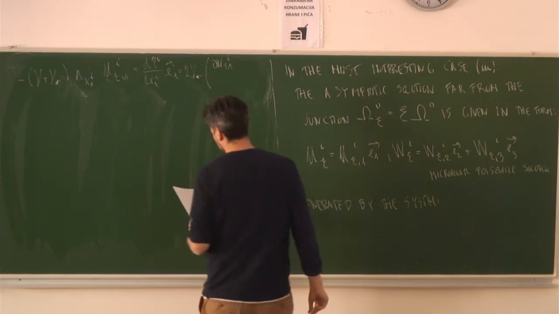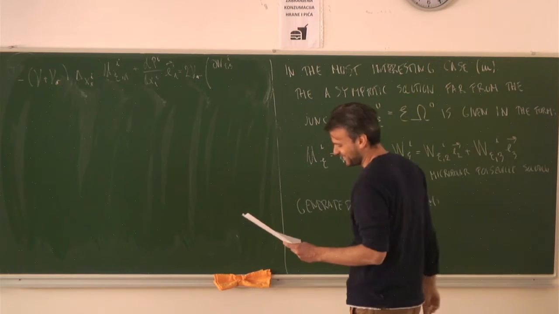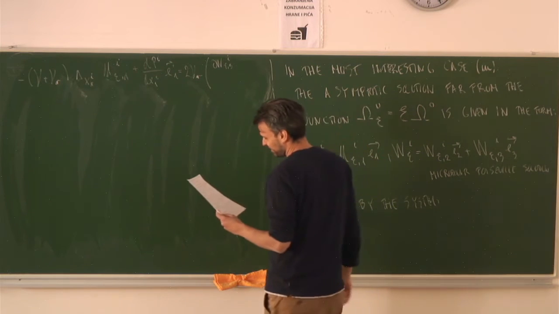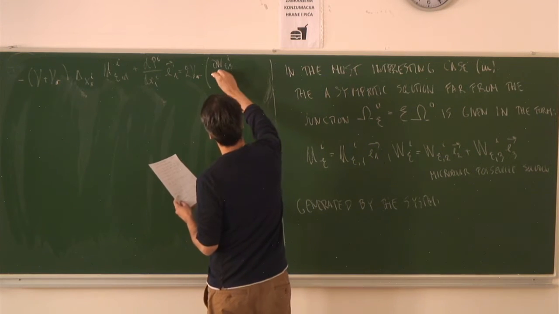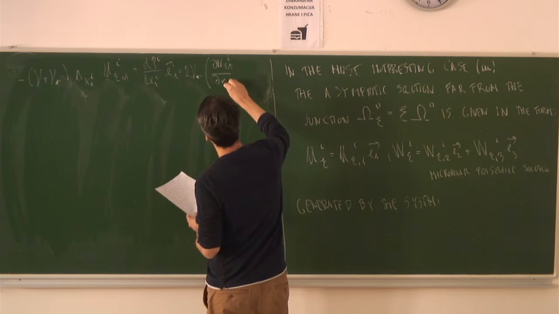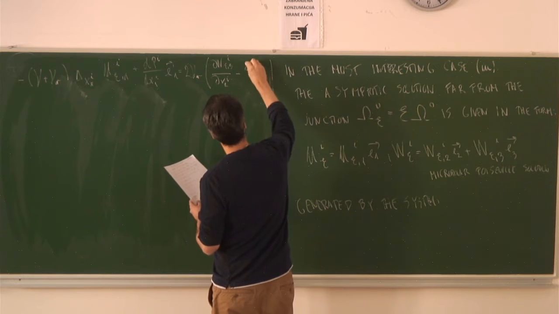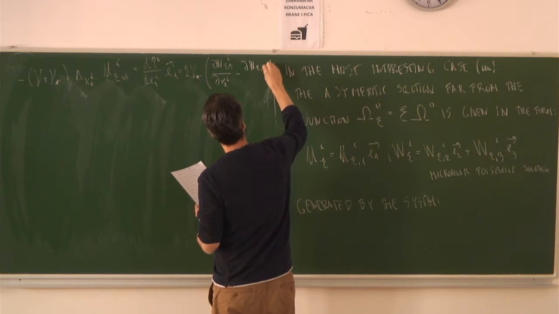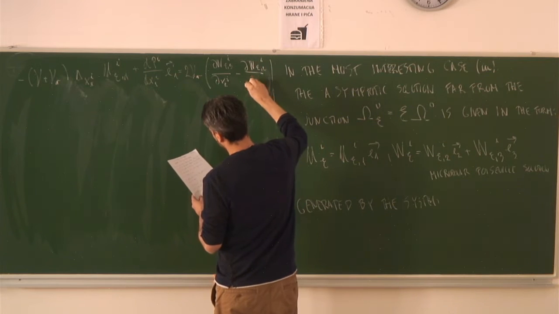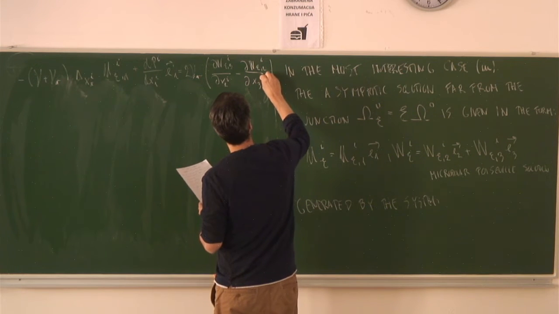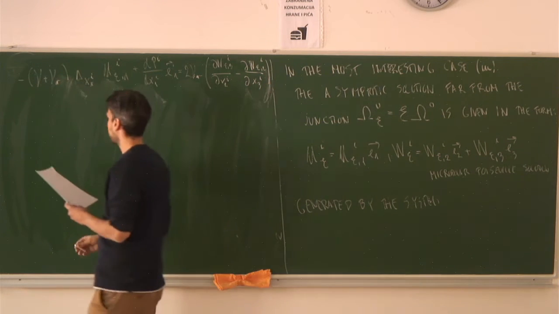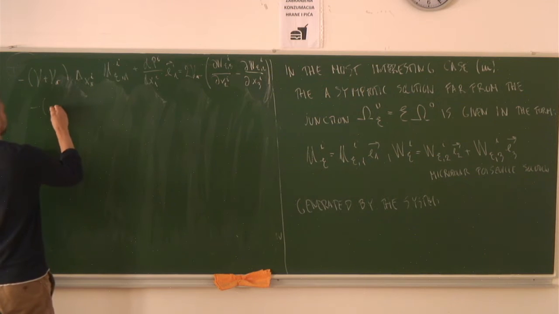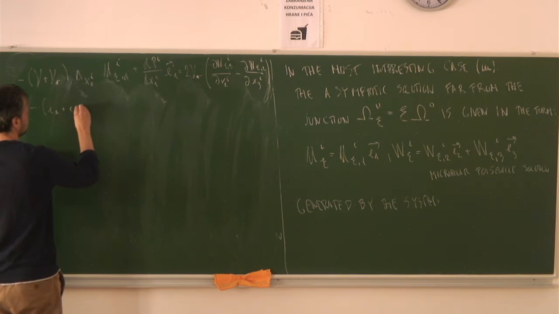So you have, are you guys okay? So dV3 over dx2 minus dV2 over dx3. Okay, and then you have minus C_a plus C_d.